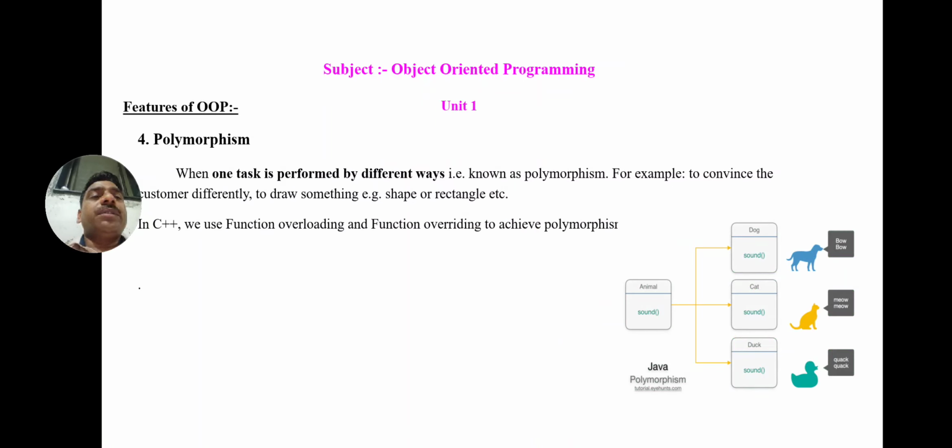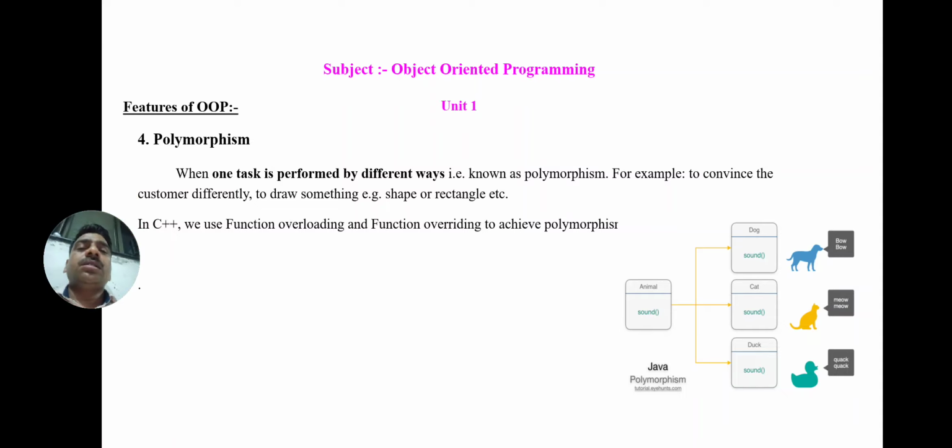The next, polymorphism. Polymorphism is also one of the interesting features supported by object oriented programming languages. When one task is performed in different ways, that is known as polymorphism. That is, many ways are there. For example, to convince a customer in different ways, or to draw something, a shape or a rectangle, etc. In C++, we use function overloading and function overriding to achieve polymorphism.